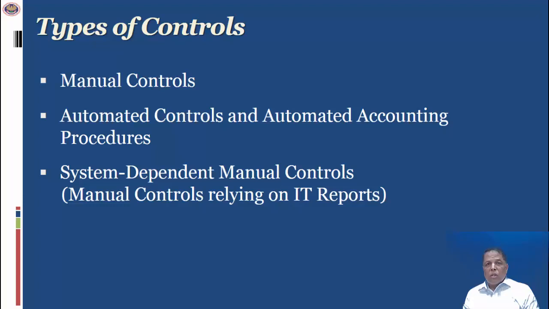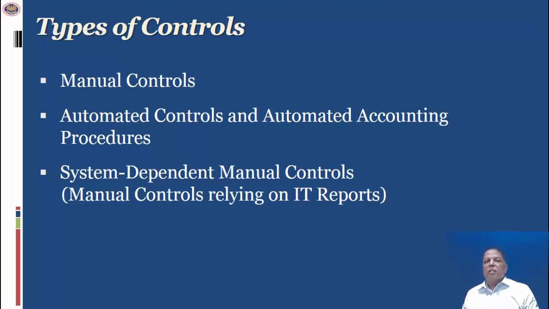By automated controls, I mean configurations. Configurations for a three-way match, configurations for tolerance limits, and such other controls which are built into the application. By automated accounting procedures, I mean those automated entries which are passed after the events are appropriately triggered. So these automated accounting entries are populated in appropriate tables based on configuration set.